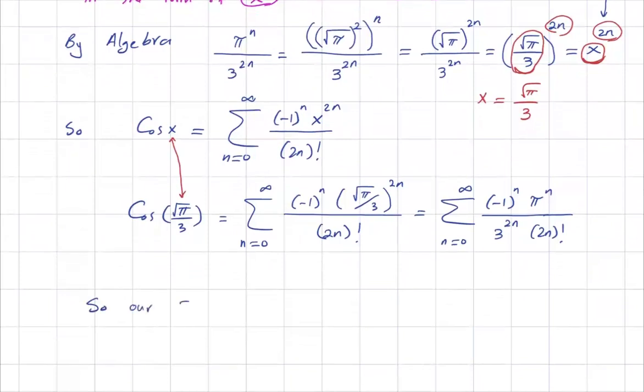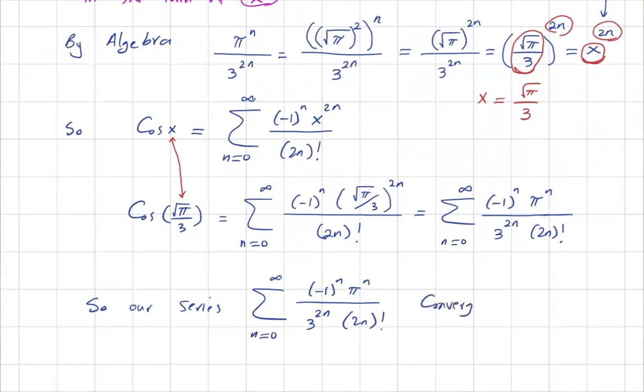So our series (-1)^n pi^n divided by 3^(2n) (2n) factorial converges to cosine of square root of pi divided by 3.